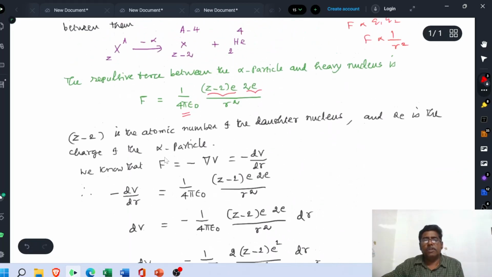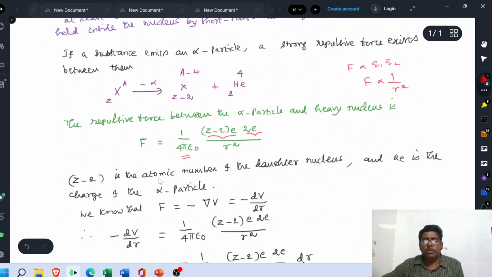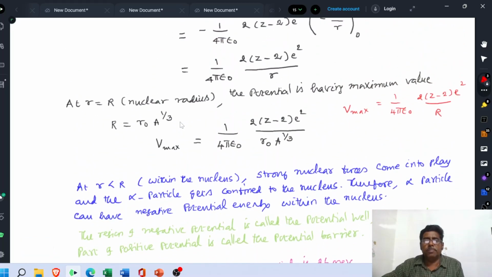Suppose the distance of separation is equal to r at this point. If the particle is reaching this region, that is the nuclear radius region, then the potential has its maximum value. So at small r, when the distance of separation is equal to the radius of the nucleus, the potential is reaching its maximum value, V maximum.